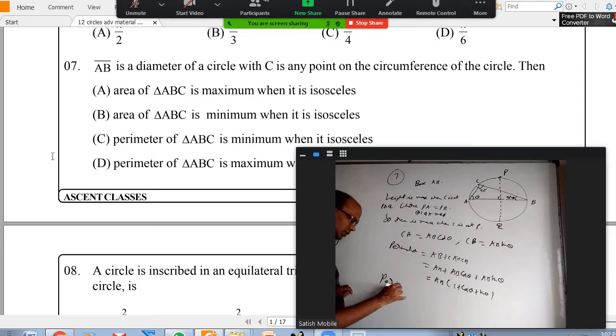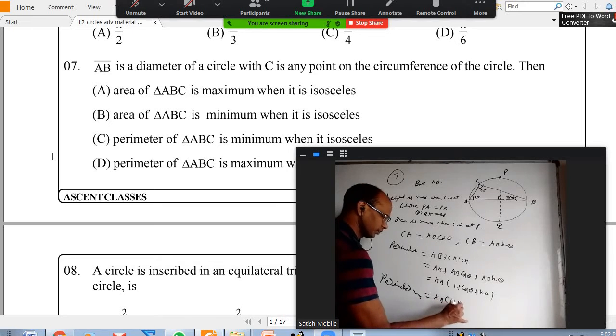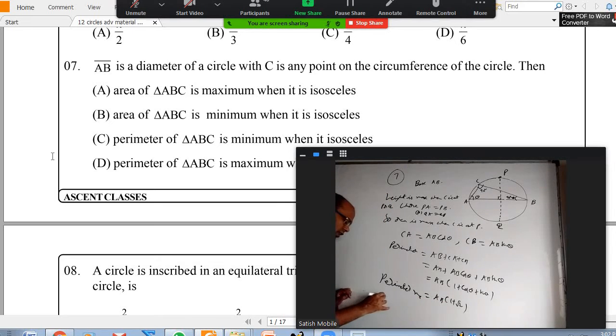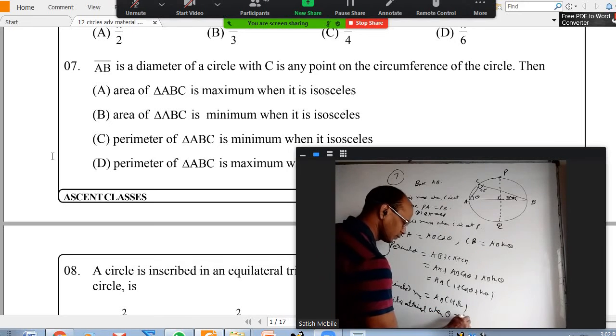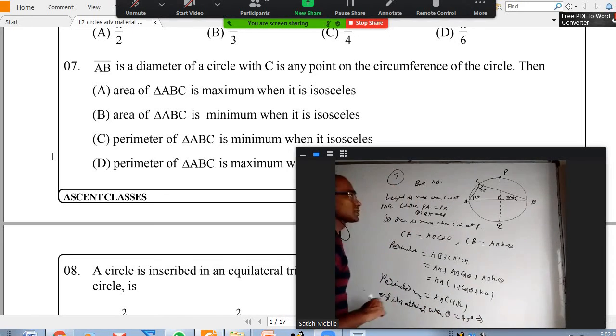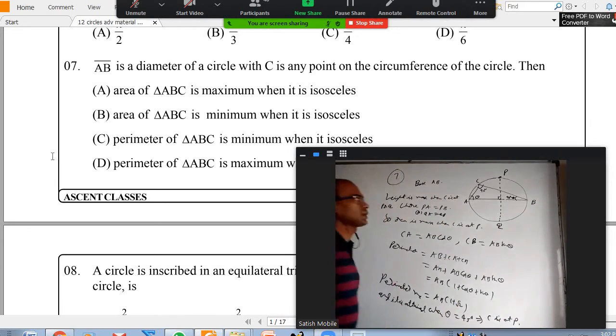The maximum perimeter is AB into 1 plus root 2, and it is attained when theta is 45 degrees. That implies C is such that angle BAC is 45.